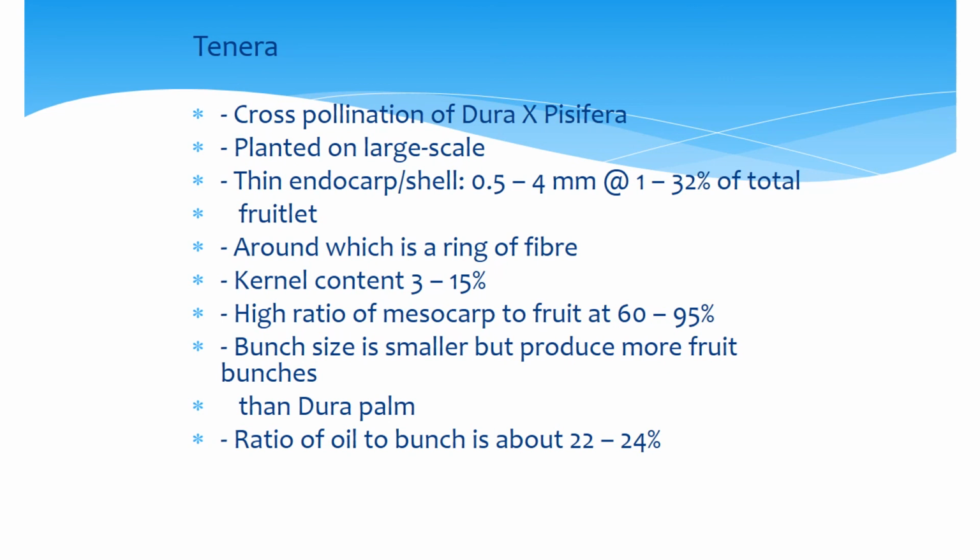Kernel content is 3 to 15%. High ratio of mesocarp to fruit at 60 to 95%. Bunch size is smaller but produces more fruit bunches than Dura palm. Ratio of oil to bunch is 22 to 24%.